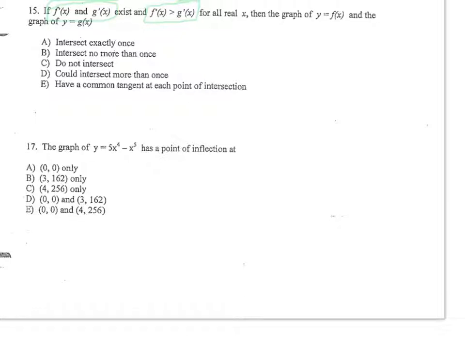Then the graphs of y equals f of x and g of x. Now, how many times do they intersect? It's kind of hard to figure this out, but you could have a graph. Let's say this is the steeper one, f of x is steeper than g of x for all values. g of x could be like that.